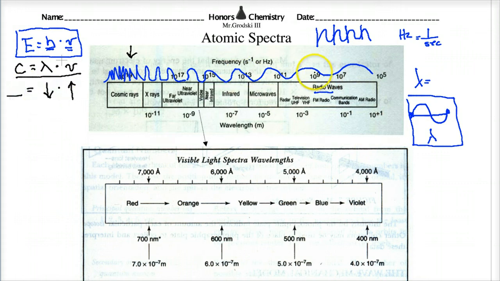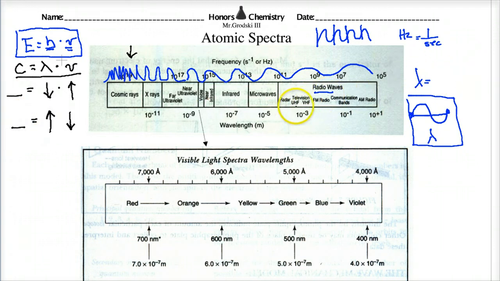And of course, on this side of the electromagnetic spectrum with radio waves, lambda, the size of the wavelength, is huge, so the frequency drops. Not many per time period if the wave is big, and that should make some sense to you. And this value stays the same if that's all true. So that's the theory behind that.